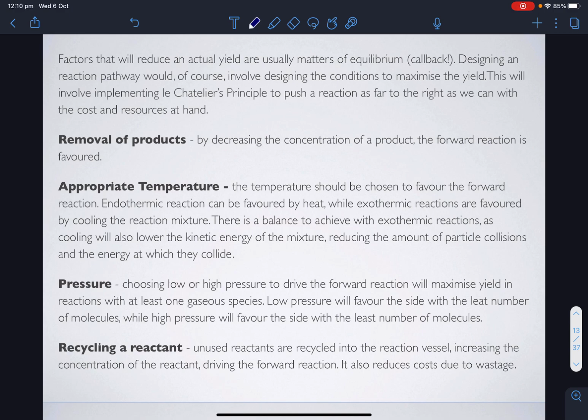Also pressure, if you're using a gas in there, you could consider high or low pressure to favour the side of, when we're talking about gases, high pressure will favour the side of least molecules. And also you can recycle a reactant. So unused reactants, you can put them back in the reaction vessel, driving the forward reaction. And it also reduces waste as well.